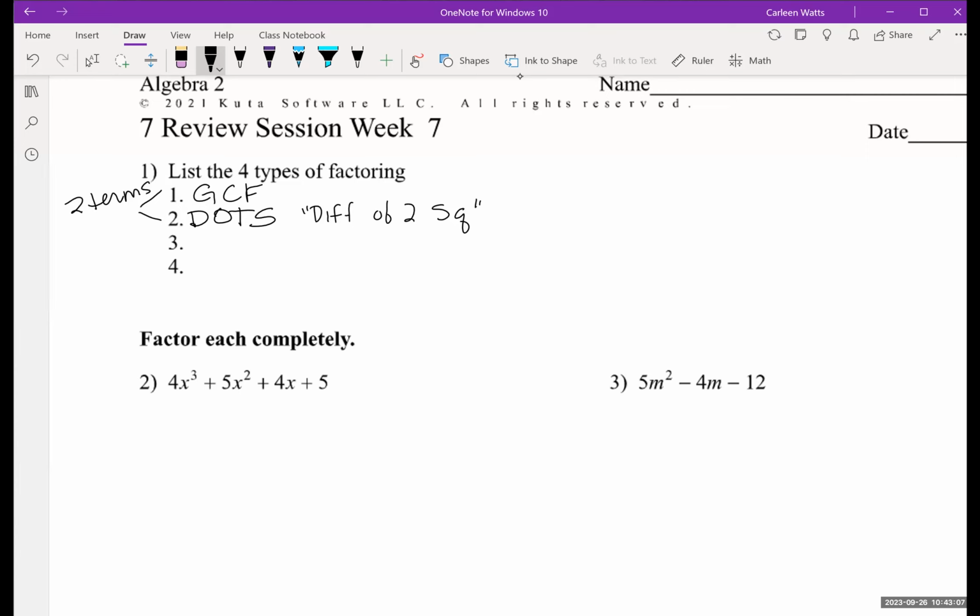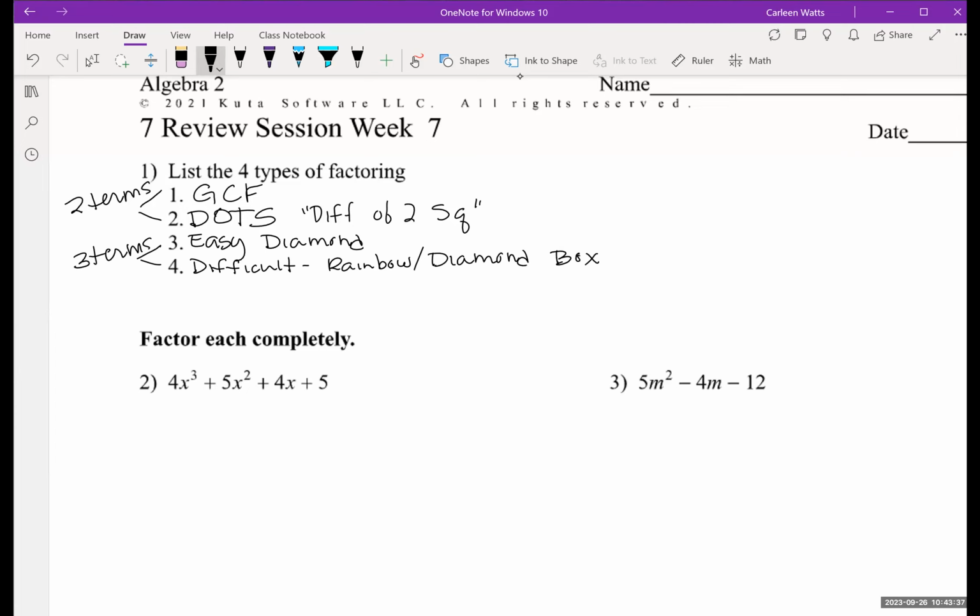Okay. Then if it has 3 terms, it could be easy diamond, or difficult, which is rainbow, diamond, box.